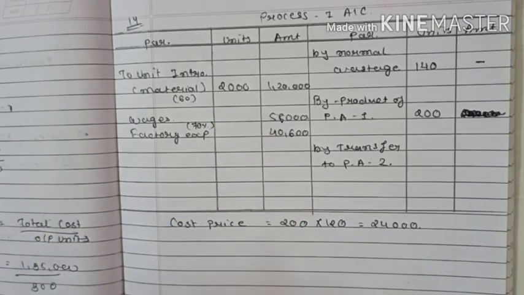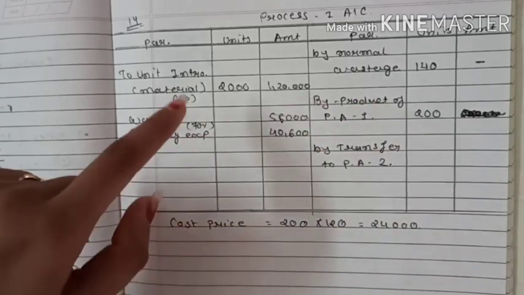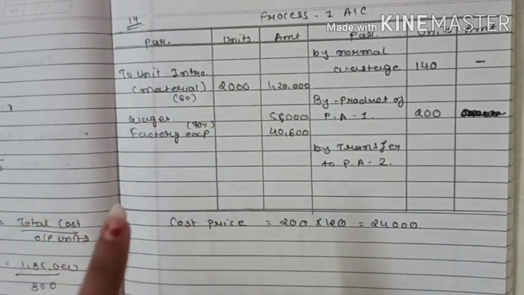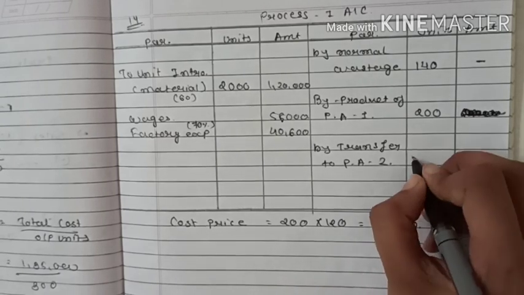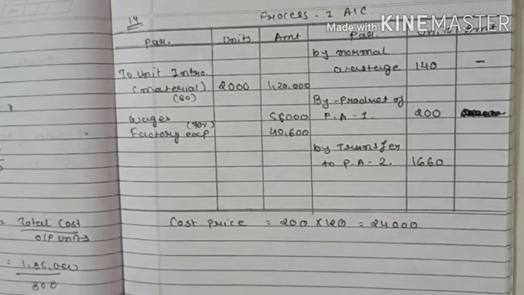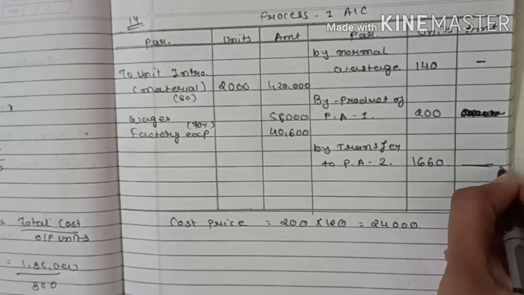No abnormal wastage and gain, any information is not given, so we directly deduct out of 2000. 2000 minus 140 minus 200, we get 1660.